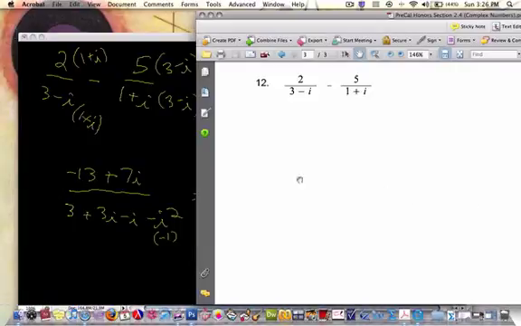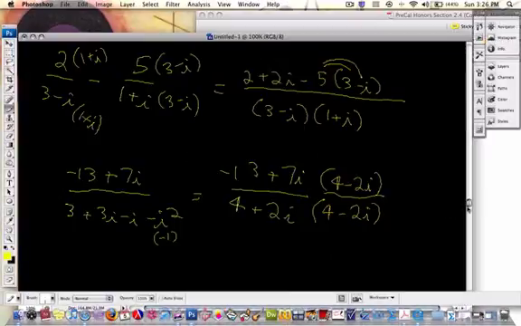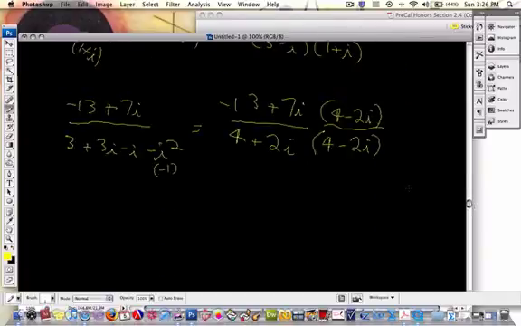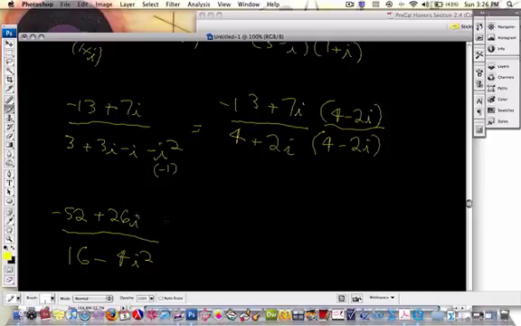Let's see what happens when we do that. The denominator becomes a real number. It becomes 16 minus 4i squared, which I'll simplify a little more in a second. The numerator becomes negative 52 plus 26i plus 28i minus 14i squared.